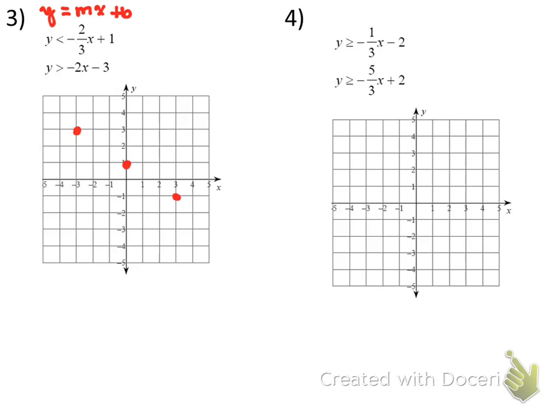Now, is this going to be a dash line or a... Which one? Dash line. Good. Why is it a dash line? That's a good question. Why is it a dash line? Because it doesn't include equal to. So, put this across, and you make it dashed.